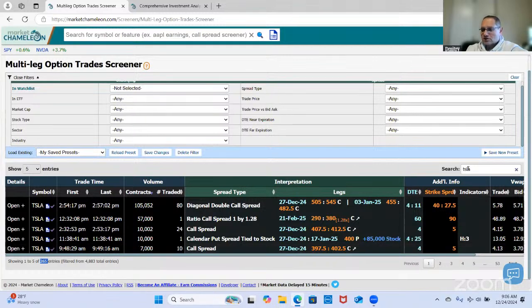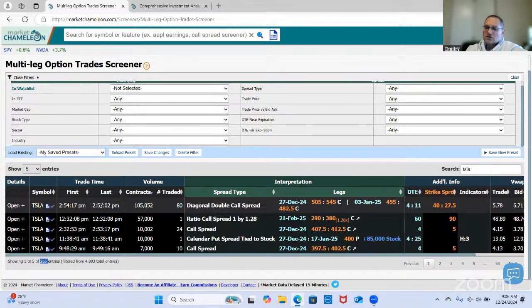Okay, so as I have Tesla, you could see here Tesla between 254.17 and 257.02. So this particular spread traded multiple times because we have a time range, traded over 105,000 contracts, 105,052 contracts, 80 total trades.